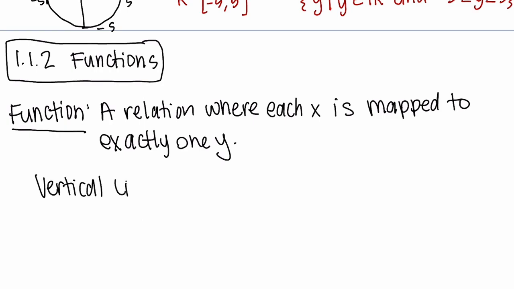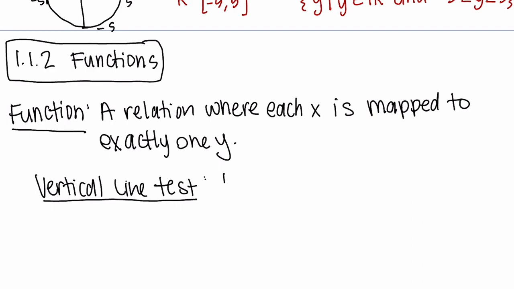Does anyone remember what the vertical line test is? Yes. If you pass a vertical line across the graph and it touches more than one point, then it doesn't pass the test, because one x has multiple y outputs.